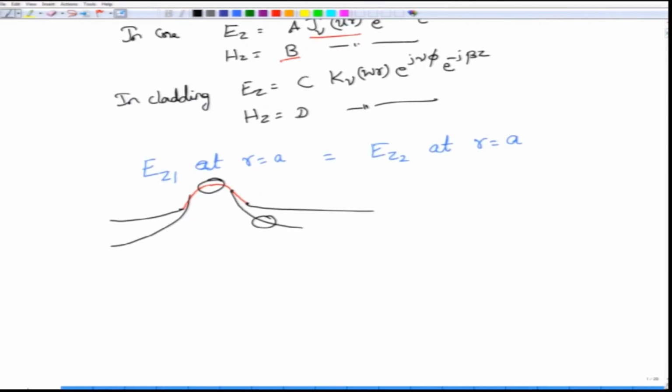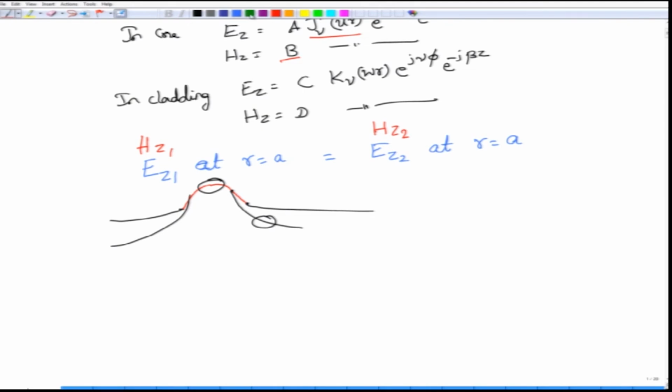Similar to the continuity of the tangential electric field components, there is also continuity of the tangential magnetic field components. So, your Hz1 must also be continuous at the same boundary. Okay. For the R equal to A interface, Hz is also a tangential component of the magnetic field, so that must be continuous.